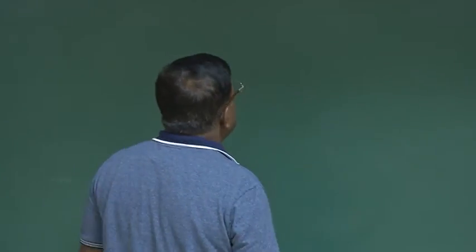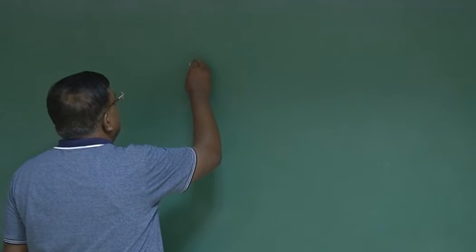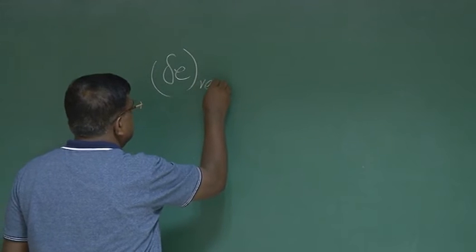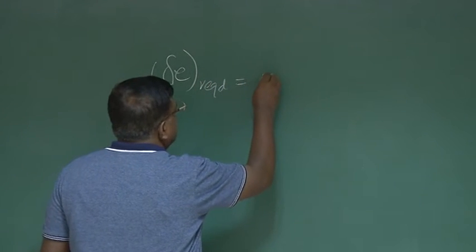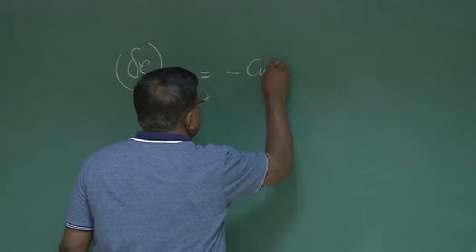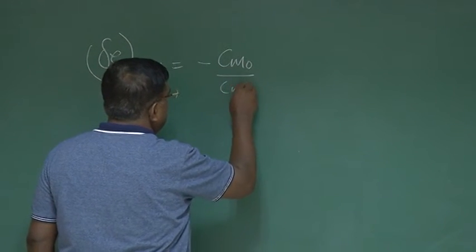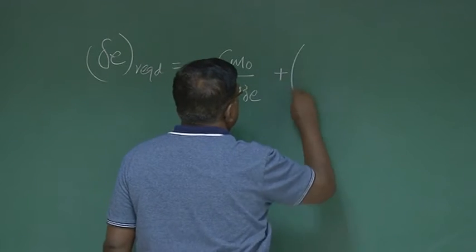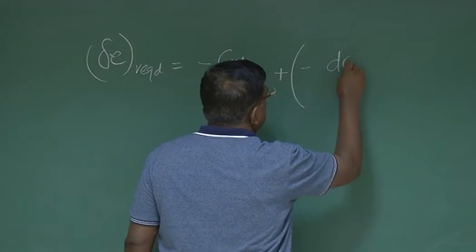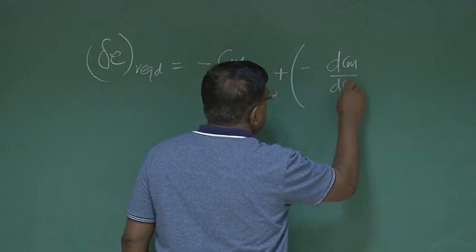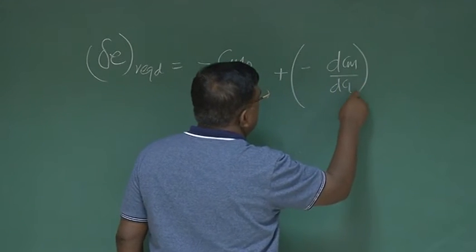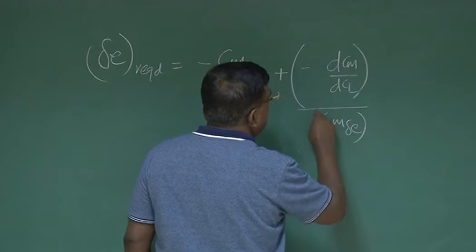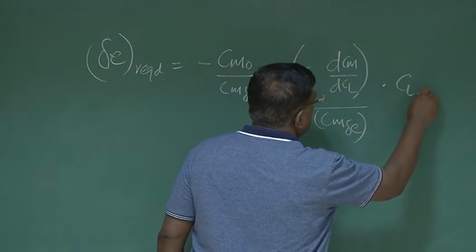If you see my last lecture, we derived a relationship: delta E required equals minus Cm naught by Cm delta E, plus minus dCm by dCl by Cm delta E into Cl trim.